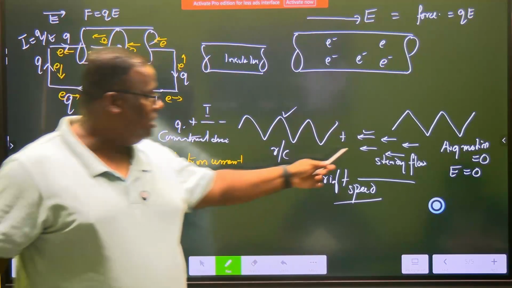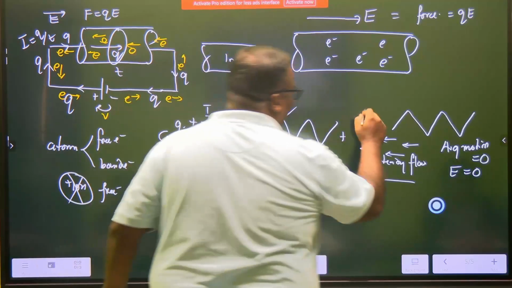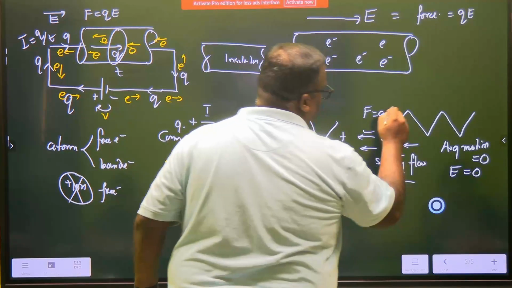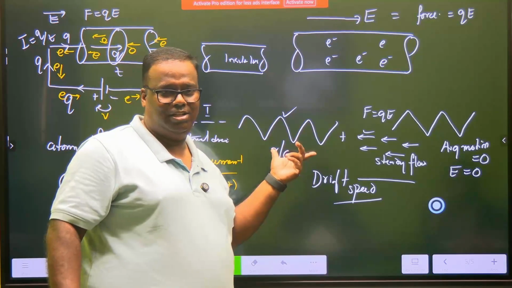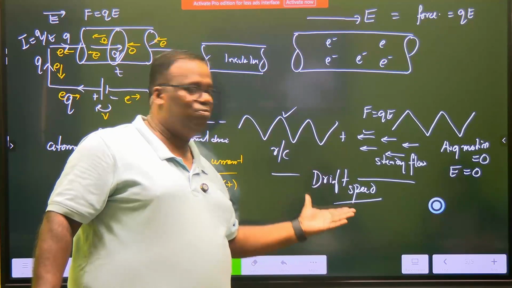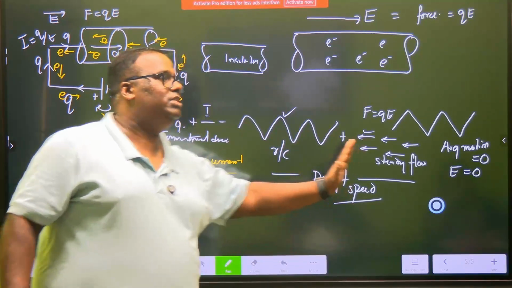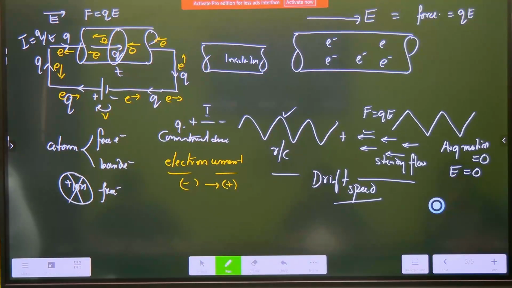This steady speed is contributed by F equal to QE, accelerated. The acceleration portion is again nullified here. And ultimately, the combination of both is known as a drift. And we see the electrons drifting from this side to the other.